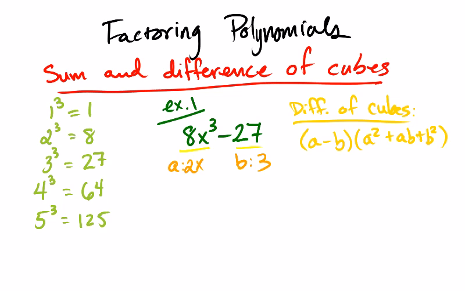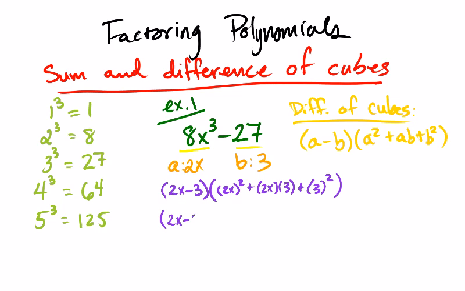And now you just substitute into the formula. So 2x minus 3, parentheses, 2x squared plus 2x times 3 plus 3 squared. And then simplify. The first parentheses will stay the same, 2x minus 3.